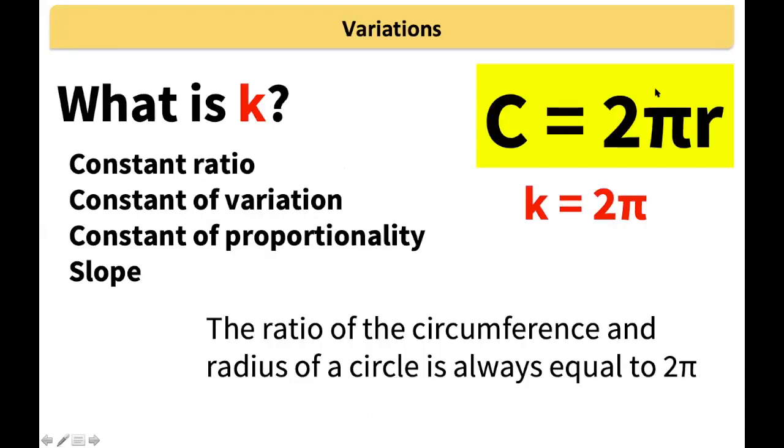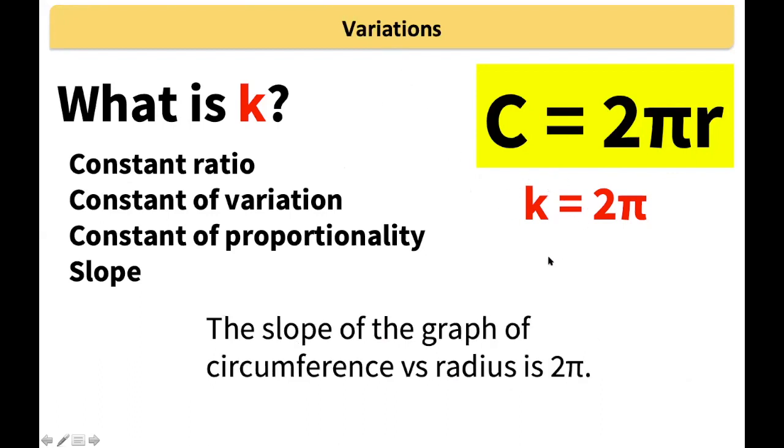Yes po. Okay. So, ito, sinasabi lang nito na ang ratio ng ating circumference and radius ng ating circle is always equal to 2 pi. Okay? So, yung k natin, kaya nga tinatawag siyang constant ratio, constant of proportionality, etc. Kasi constant ang ating k. Okay?